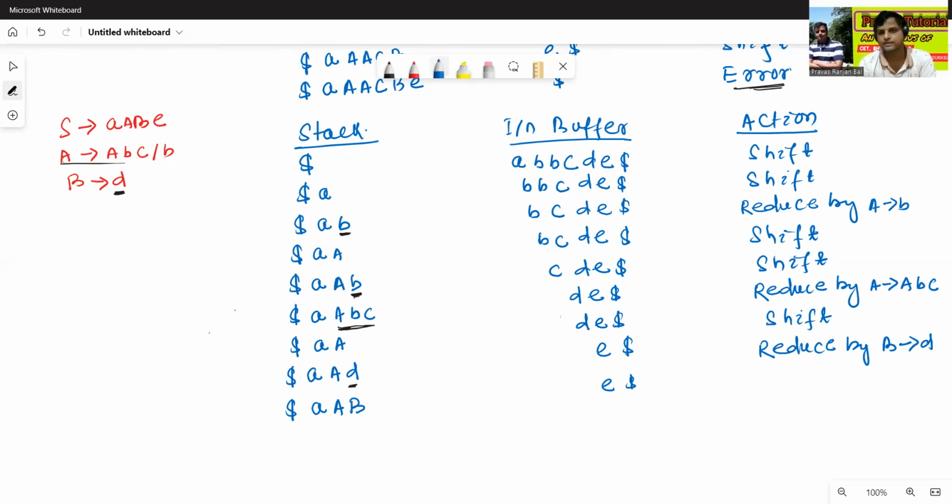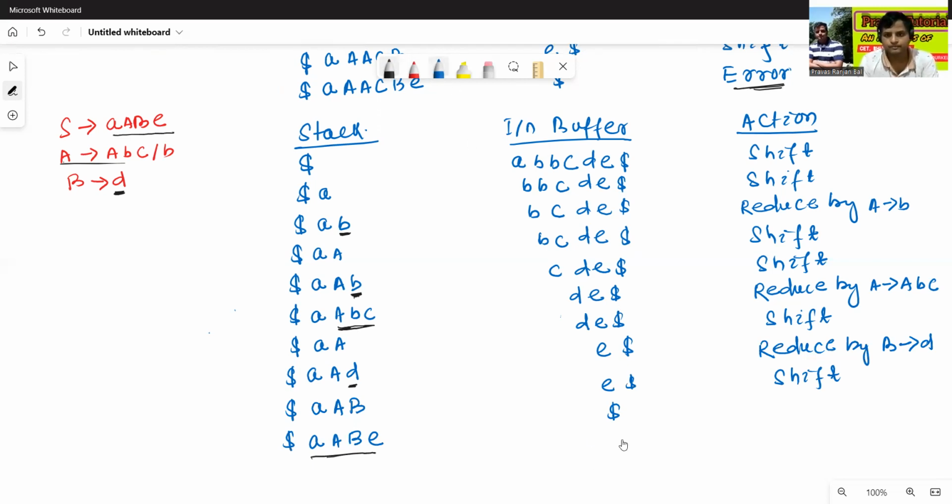No. Then we'll shift again. Dollar A, B, then E dollar. Is there any handle possible? Yes, one handle is possible.